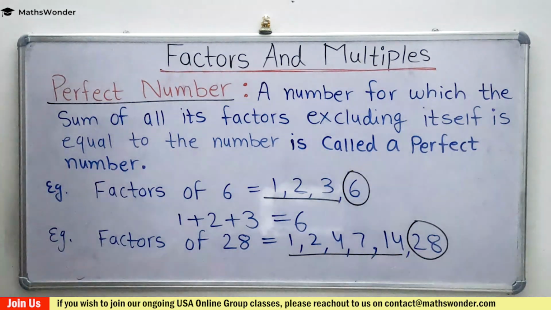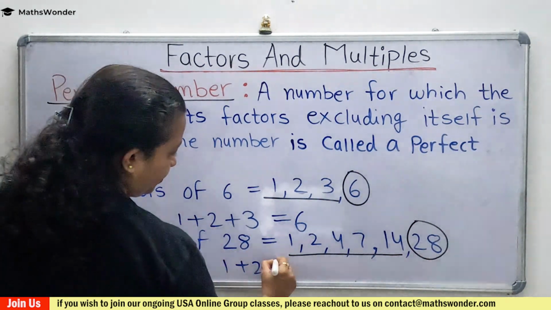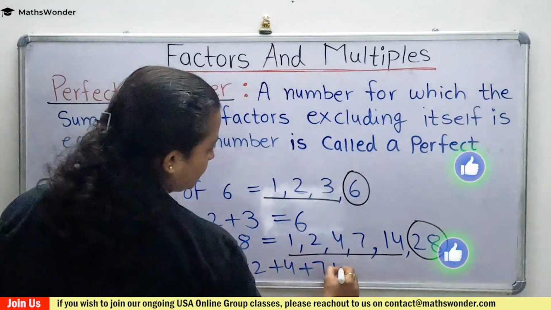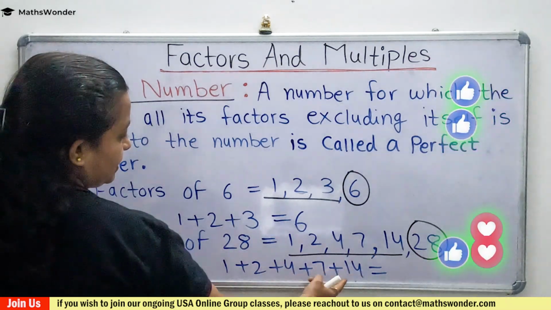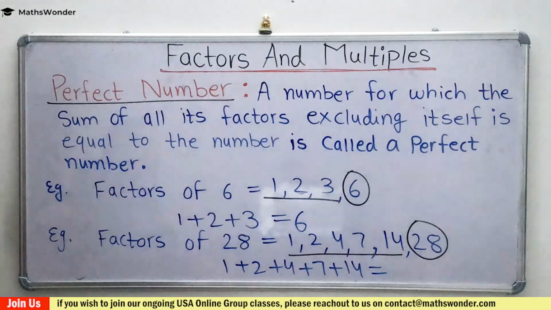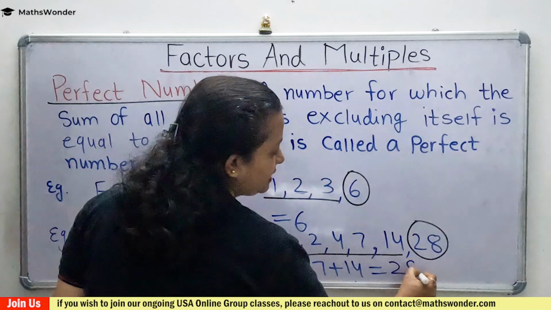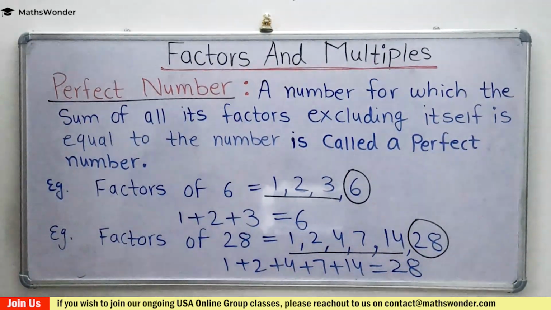If they give 28, that means this is a perfect number. 1 plus 2 plus 4 plus 7 plus 14. When you add these numbers, what do you get? 14 plus 7 is 21, 21 plus 4 is 25, 25 plus 3 is 28. They give the same number. So we can say that yes, 6 and 28 are perfect numbers. Understood the concept of perfect numbers?